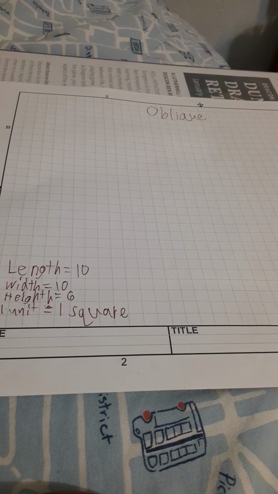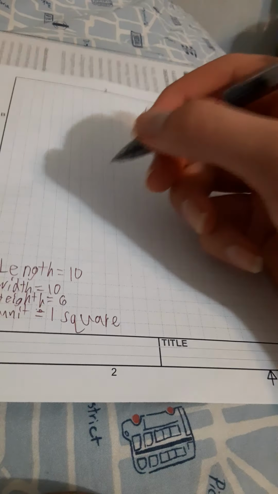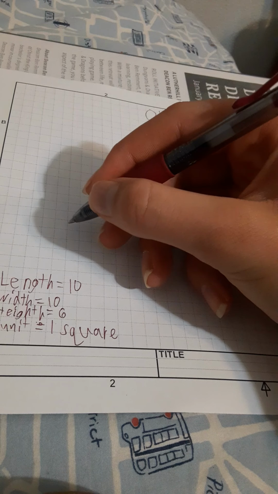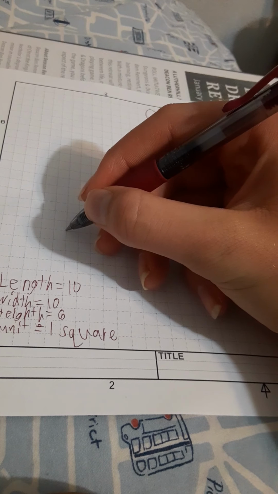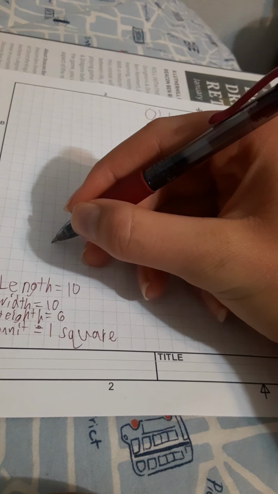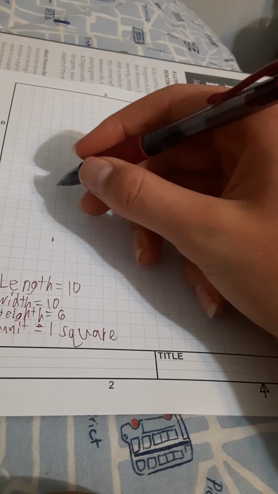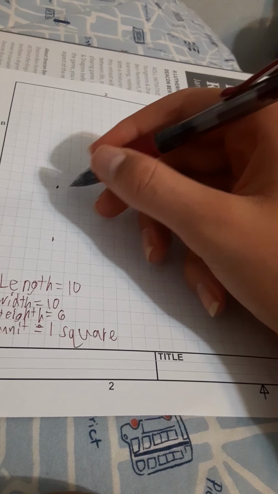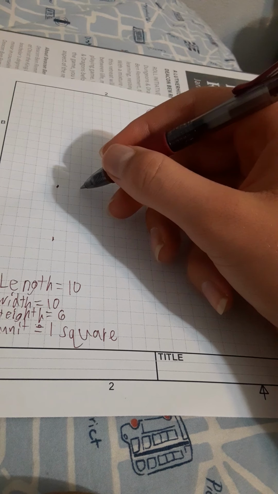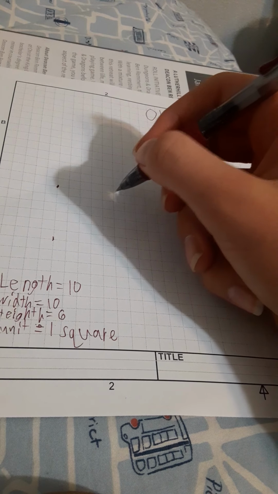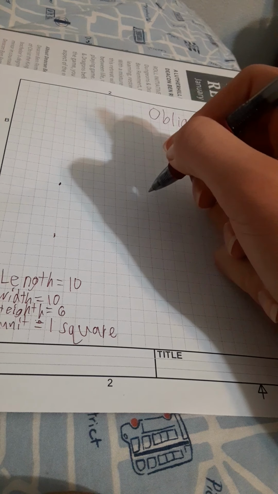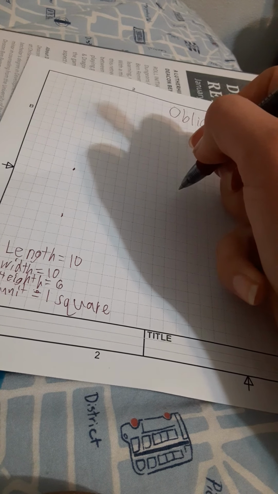Now, first thing that you got to do is draw them out, right? So for the Cavalier, you got here 1, 2, 3, 4, 5, 6 here. 1, 2, 3, 4, 5, 6, 7, 8, 9, 10.